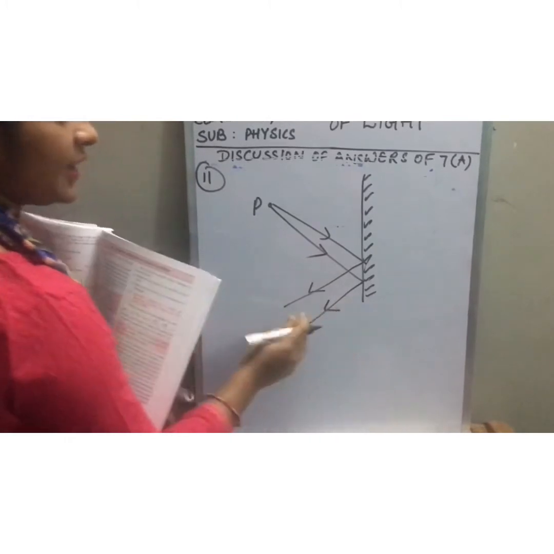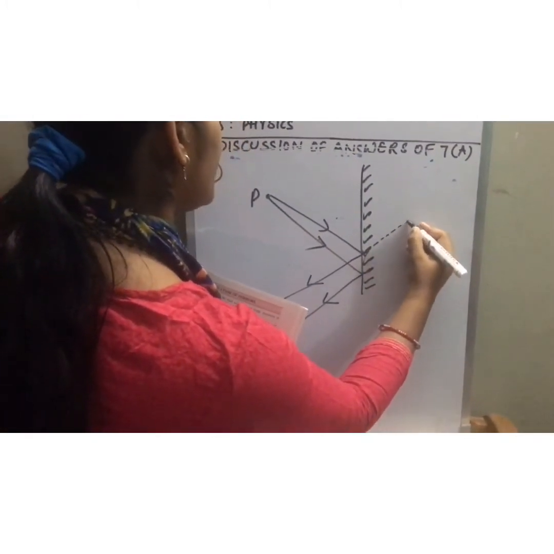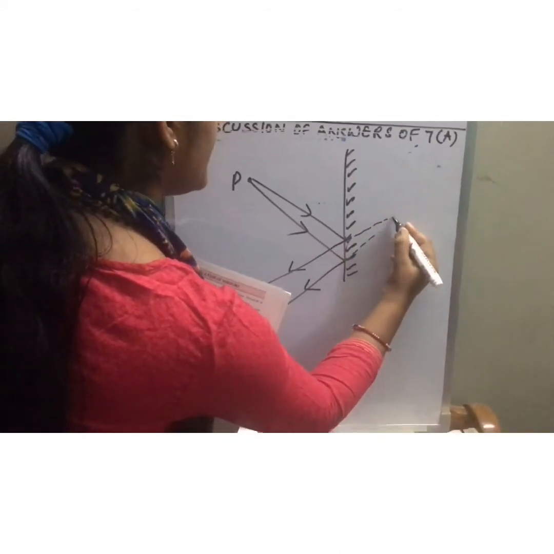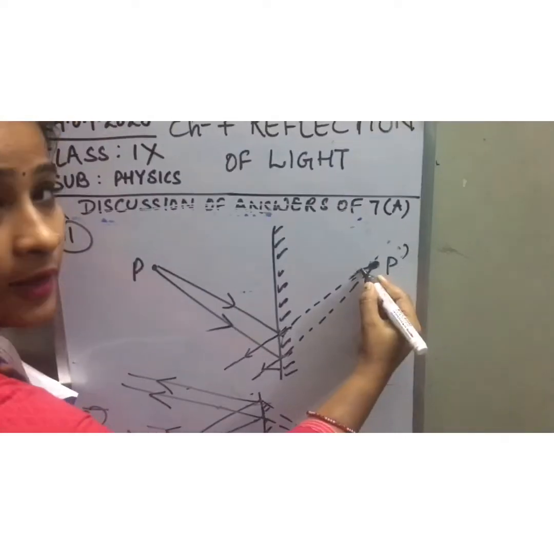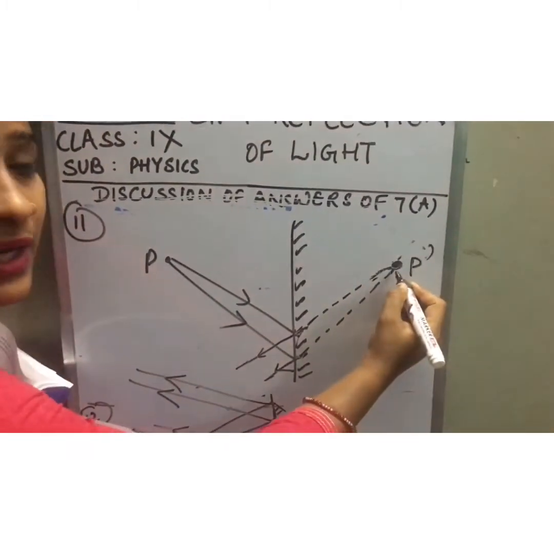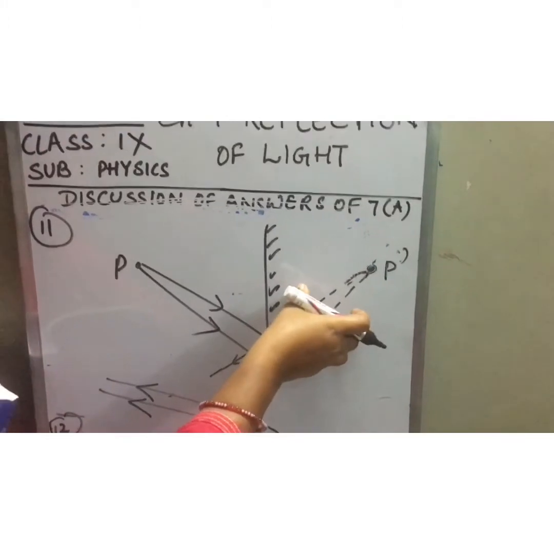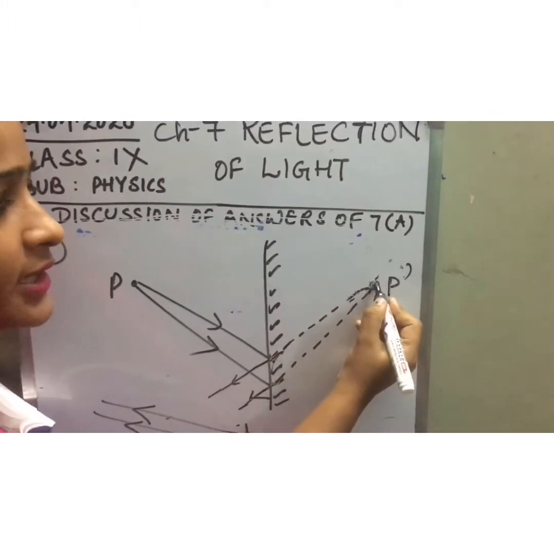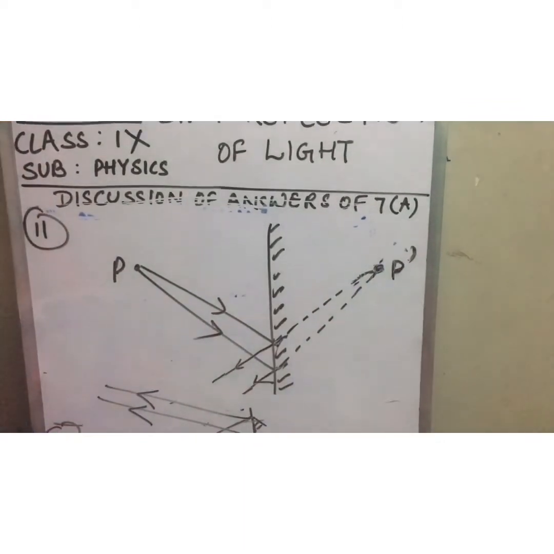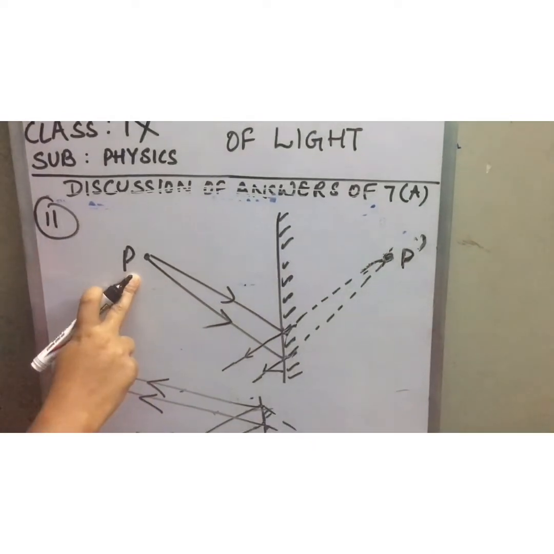Since they will not meet anywhere in the space, we will take them back in the same medium. Somewhere here the reflected rays will meet, imaginarily, they are not meeting actually. At that point we will get an image P dash. Okay students, we will get an image P dash. This is the point image of this point object, students.